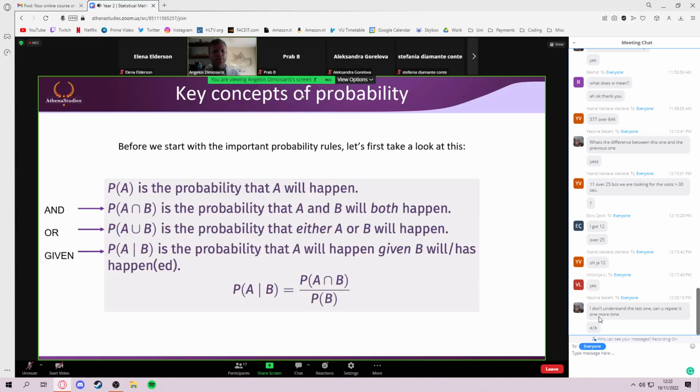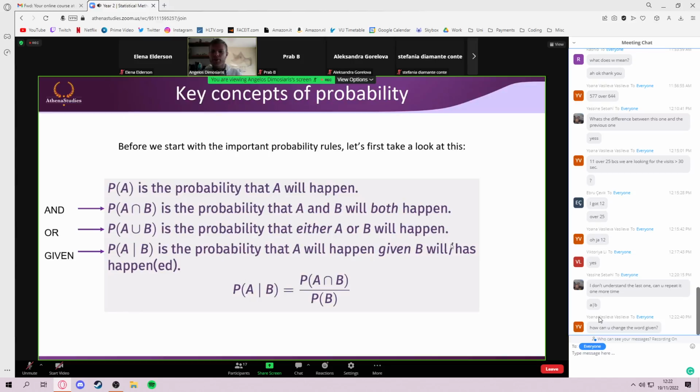Maybe it's not a very good example. Does it make more sense? How can you change the word given? Maybe taking into account that the event B has happened, considering that the event B has happened.